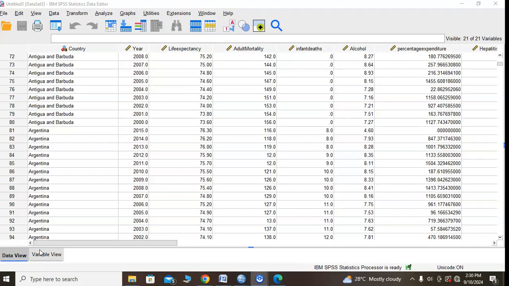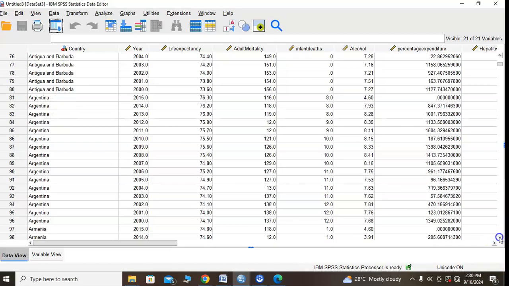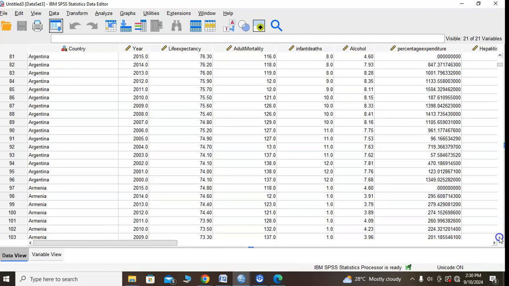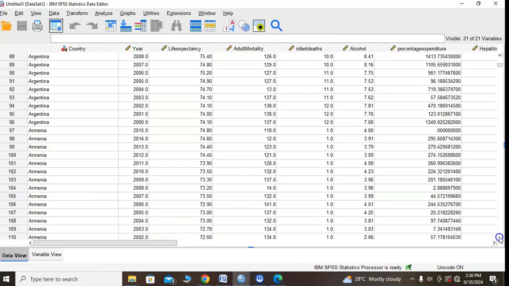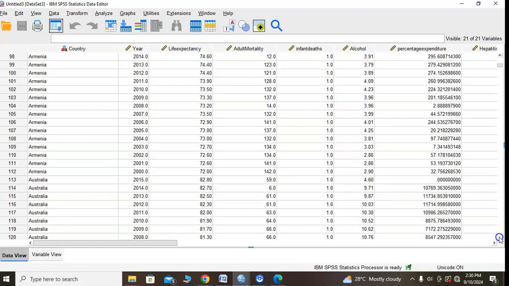And then the next thing was exploratory data analysis. Before performing regression analysis, I conducted exploratory data analysis to understand the relationships between life expectancy and the socioeconomic factors.